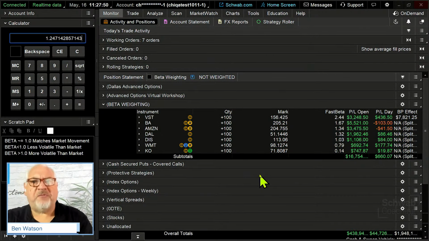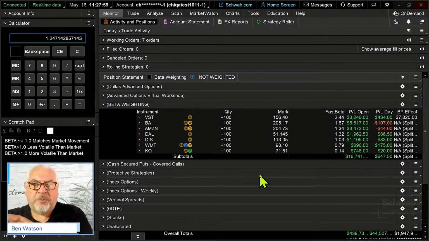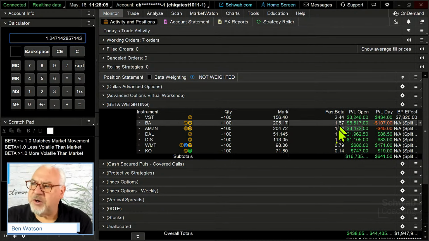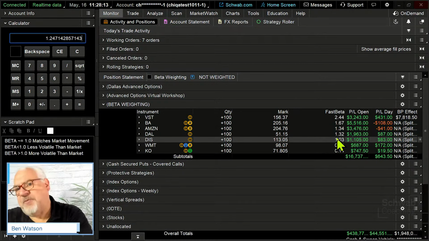The Thinkorswim platform actually gives us a tool that can help us come up with a common coefficient, right? So each one of these stocks has their own fast beta number. But if we were to come up with a common coefficient, then I could maybe simplify that process of managing that portfolio.